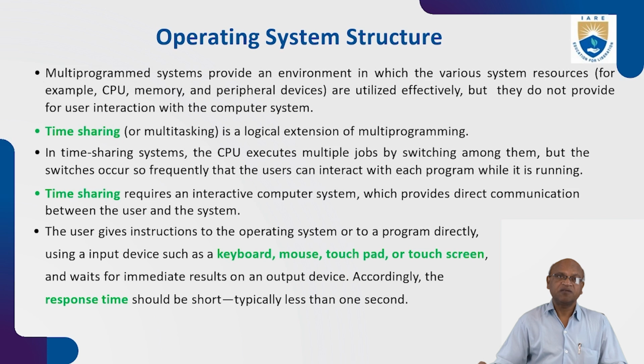The user gives instructions to the operating system or to a program directly using an input device such as a keyboard, mouse, touchpad, or touch screen, and waits for immediate results on an output device according to the response time. That is how time sharing takes place.